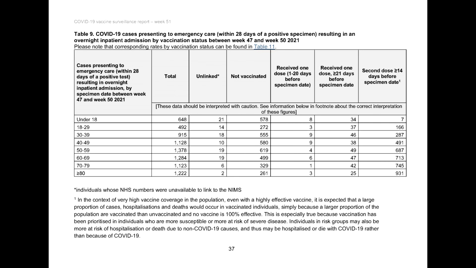But even so, 18 to 29, there's 272 not vaccinated that went to emergency care, only 166 with 2 doses, and 30 to 39 was 555 not vaccinated, 287 vaccinated. 40 to 49 was 580 not vaccinated, 491 second dose, so that's not too different. 50 to 59, 619 non-vaccinated were admitted to emergency care, 687, so that one was higher for the 2 dose. 60 to 69, 499 non-vaccinated, 713 fully vaccinated.